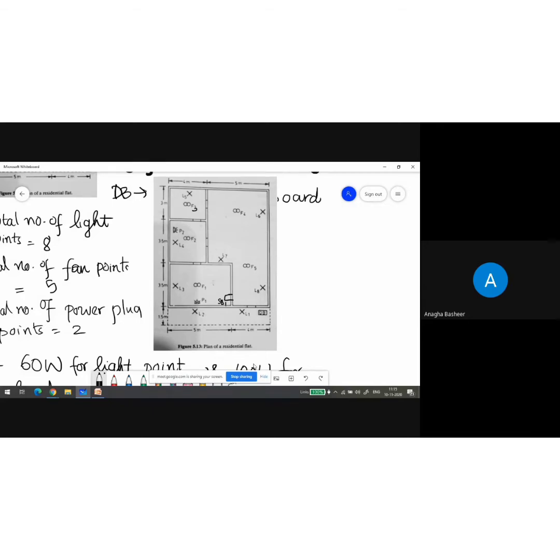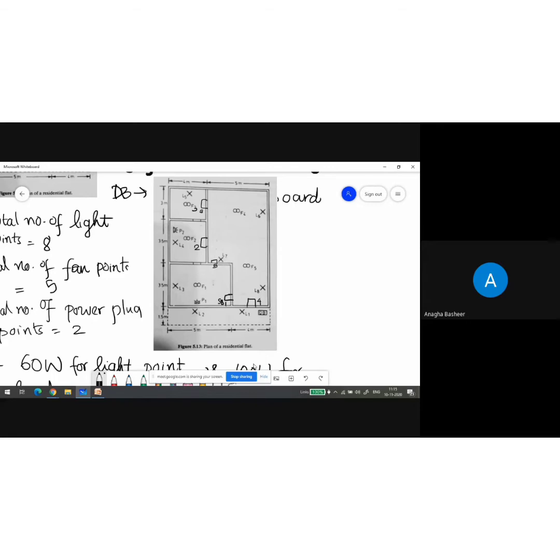Switchboard 1, 2, switchboard 3, switchboard 4, and switchboard 5. I have randomly chosen the switchboard positions here for drawing the layout.